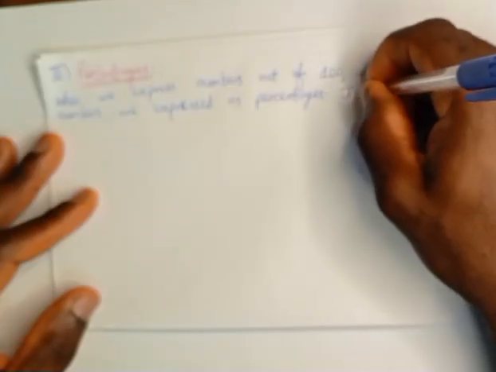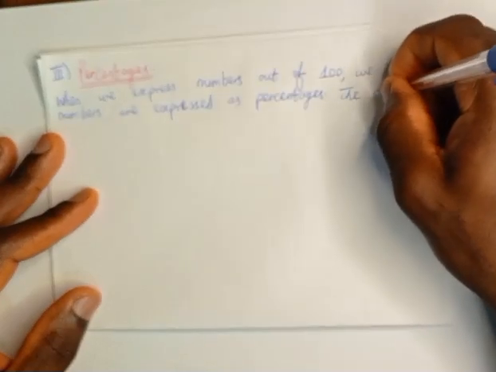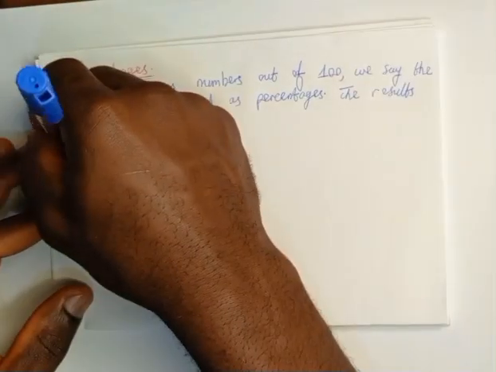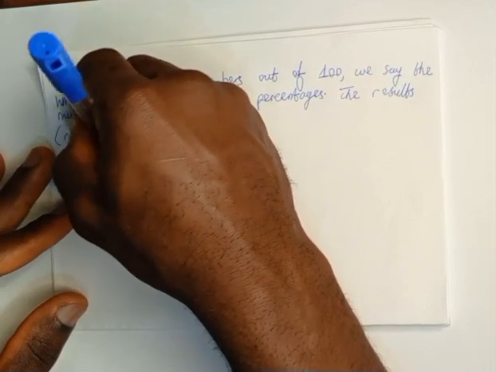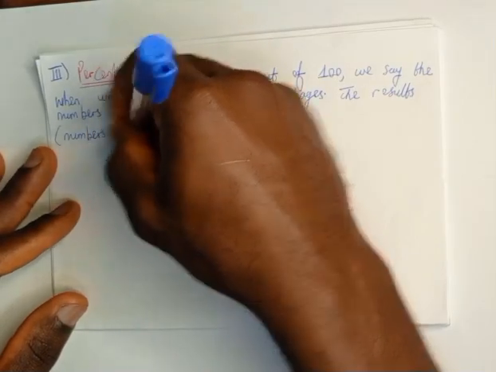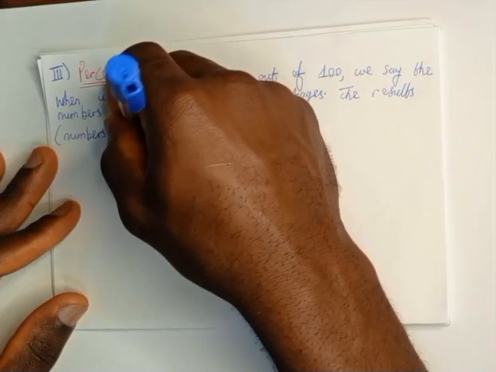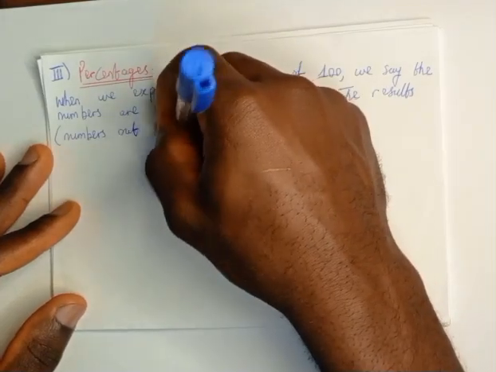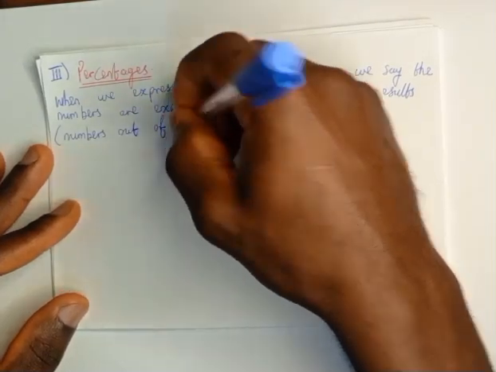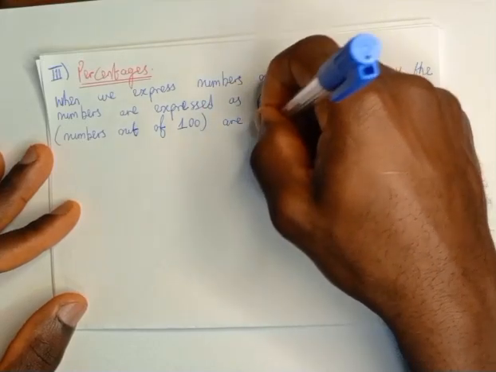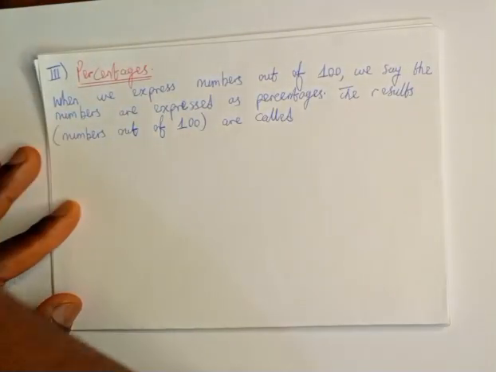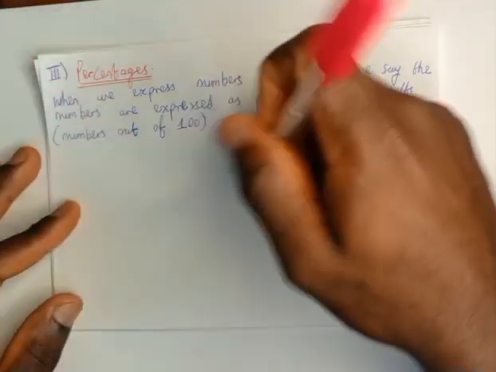The results, brackets open, that is the numbers out of 100 are called percents.